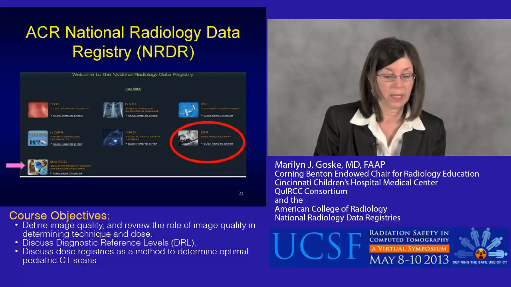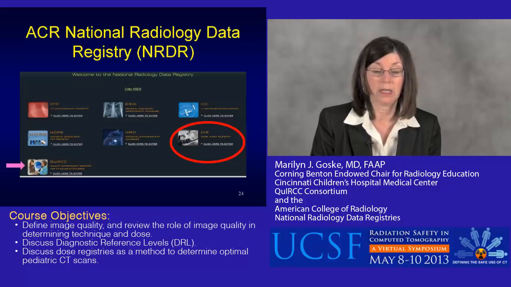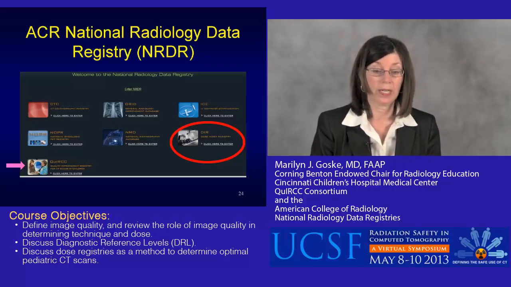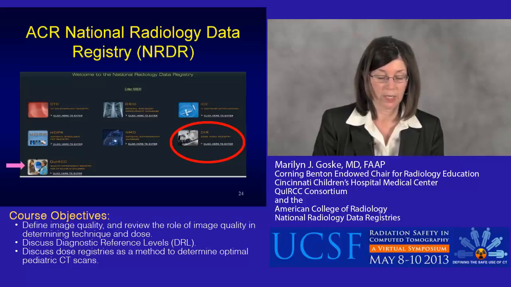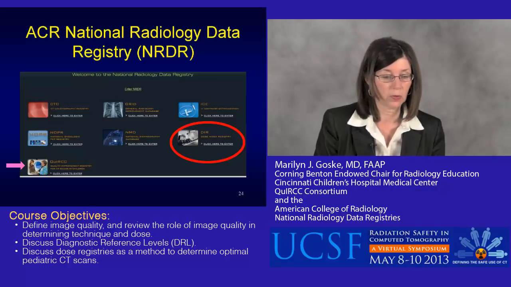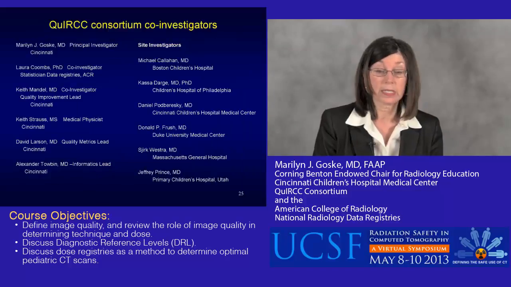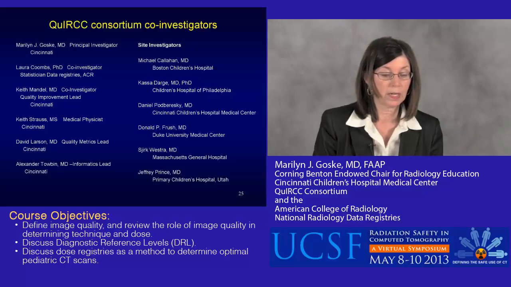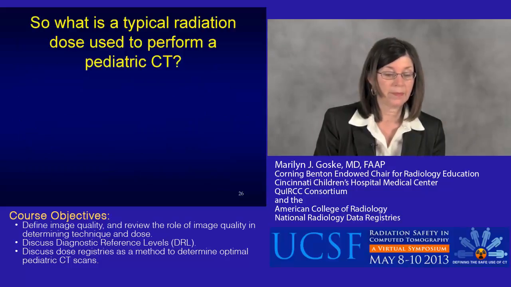Next slide. On this slide, you can see the homepage of the American College of Radiology National Radiology Data Registry. Here's a picture of the dose index registry, and a small research group called QuIRCC. On this next slide, you can see the investigators. There are 6 institutions involved with this study. Next slide.